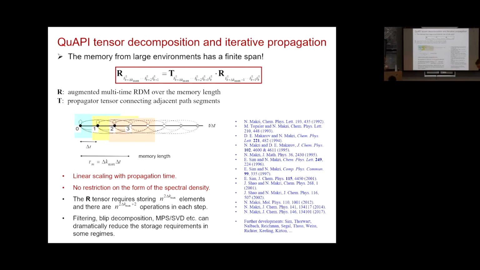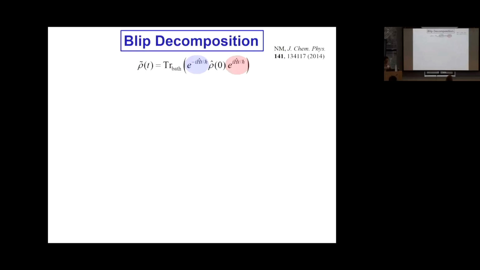So if you can find what you have to include and what you don't, then you get a lot less. In some regimes, though, you do have to include all those terms. And there are a number of methods that have been developed for overcoming this. As I said, filtering, I will mention blip decomposition, and MPS with SVD and so on can reduce the number of paths. So this is the original QAPI.